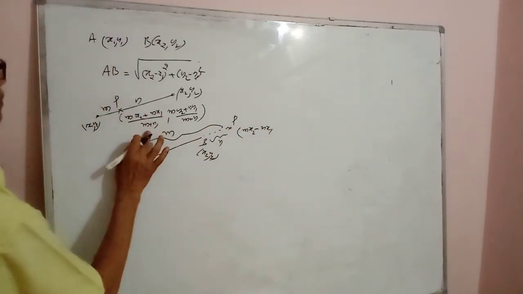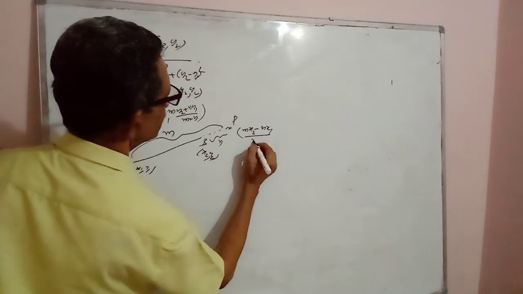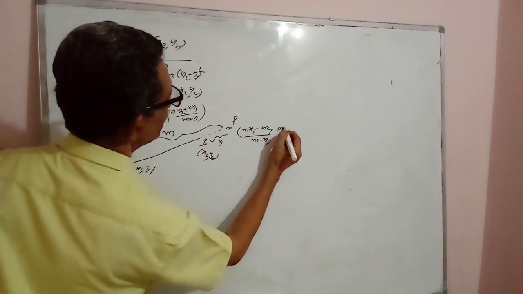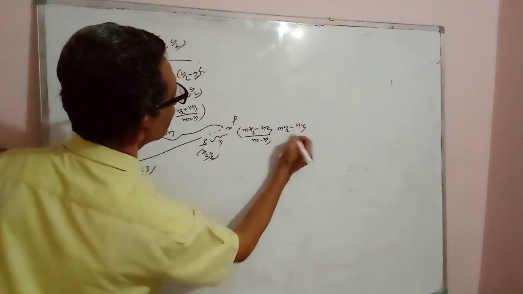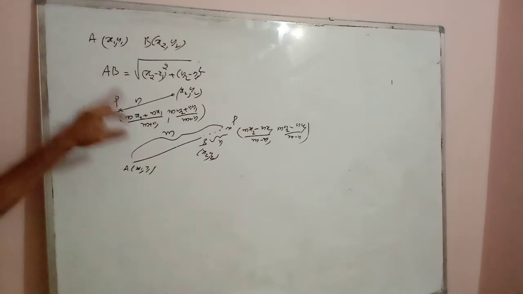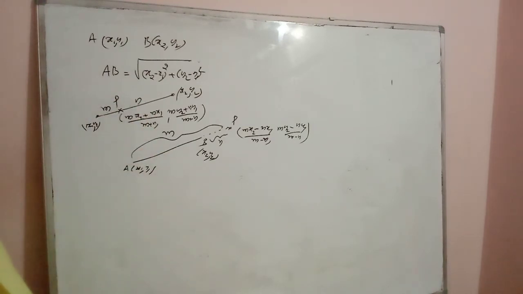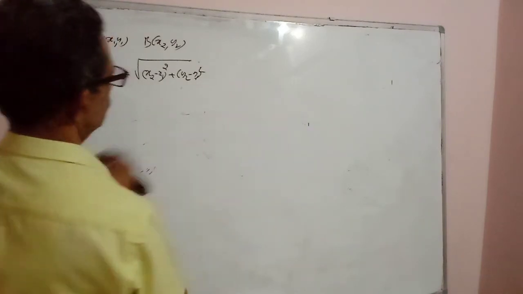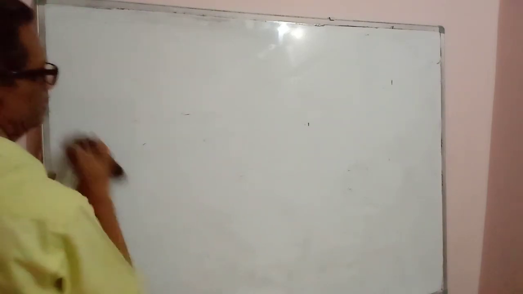Instead of this plus, you have to write minus, and in the denominator m minus n. Similarly, (m into y2 minus n into y1) divided by (m minus n). This is the external divisor. Both of these are called the section formula. So you have studied this one, the section formula.